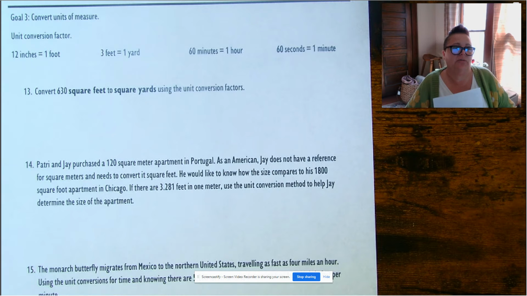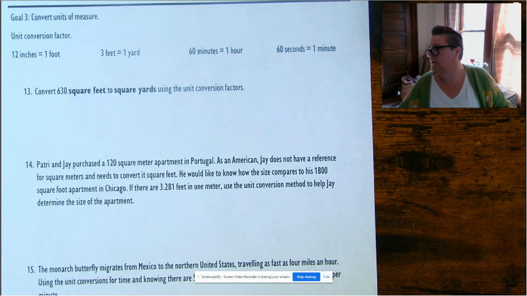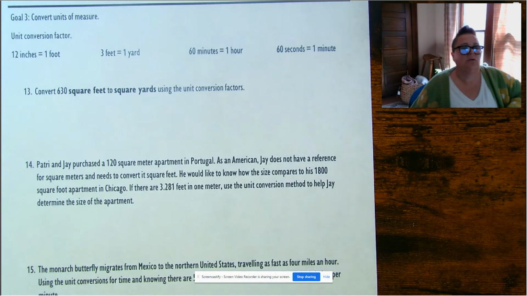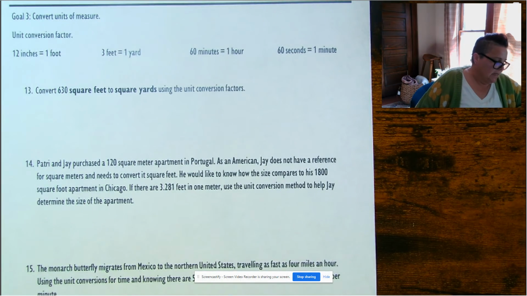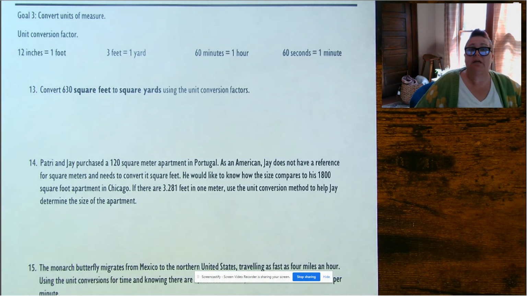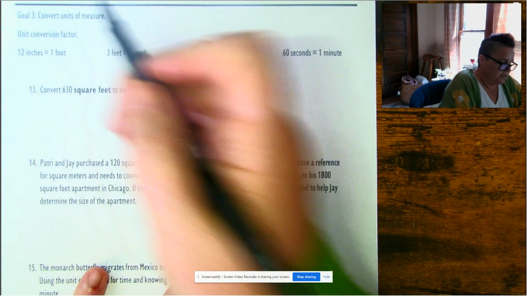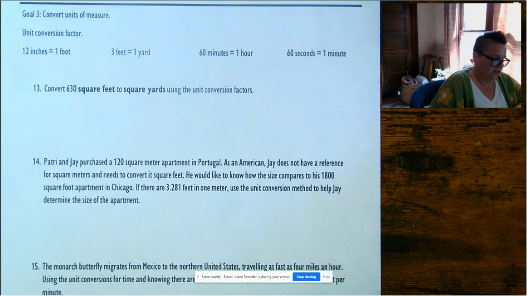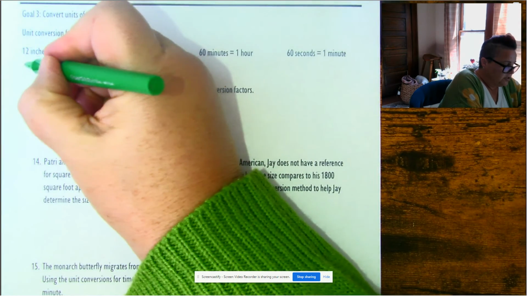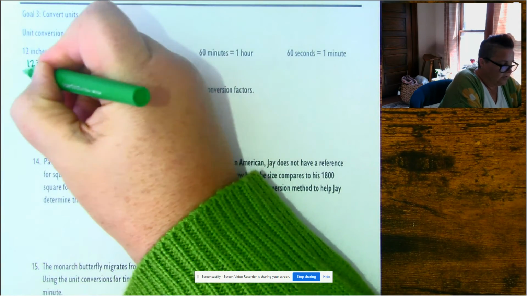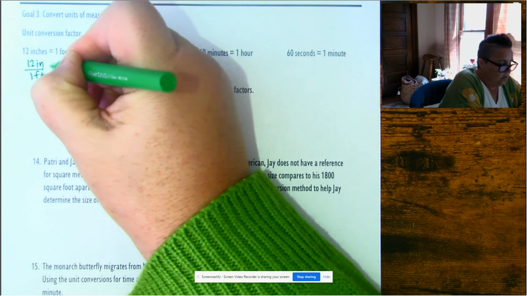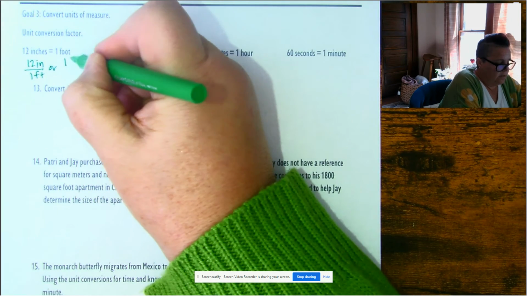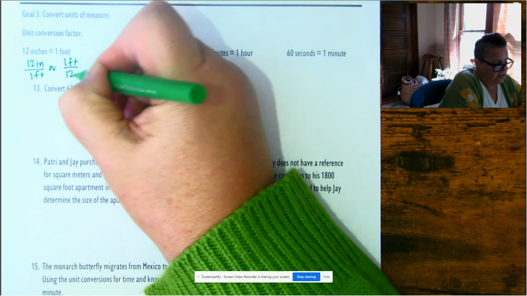In order to do that, they're asking you to use some unit conversion factors. The idea here with a unit conversion factor is that you can take any conversion, 12 inches is 1 foot, and you can rewrite this as a fraction. You could write this as 12 inches over 1 foot, or it could be 1 foot over 12 inches.